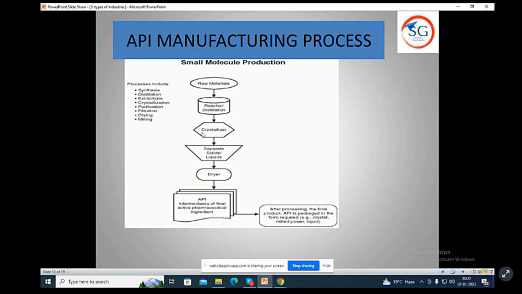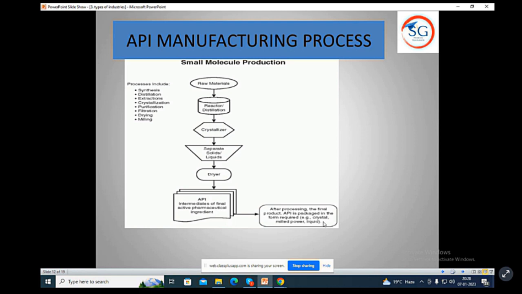Next, crystallization will be done. All the crystallized solids will be separated from the liquid or other things. Next, these separated crystals or solids will be dried. Once it is dried, we get the API intermediates or the final APIs. Once the final product is processed, the API will be packed in the required form.